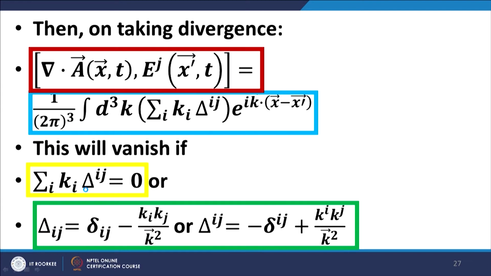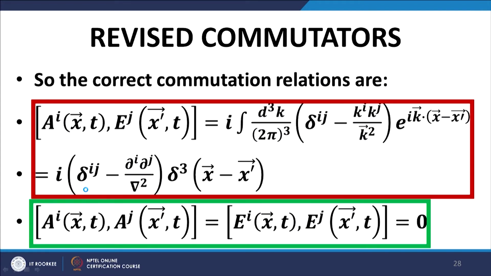When we take divergences now, we find that the divergences would vanish when the condition imposed in the yellow box is satisfied, and the condition in the yellow box would be satisfied when the condition imposed in the green box is satisfied, that is when capital delta ij is equal to minus small delta ij plus ki kj upon k squared, k spatial squared. So, the revised commutators now take the form given in the slide.